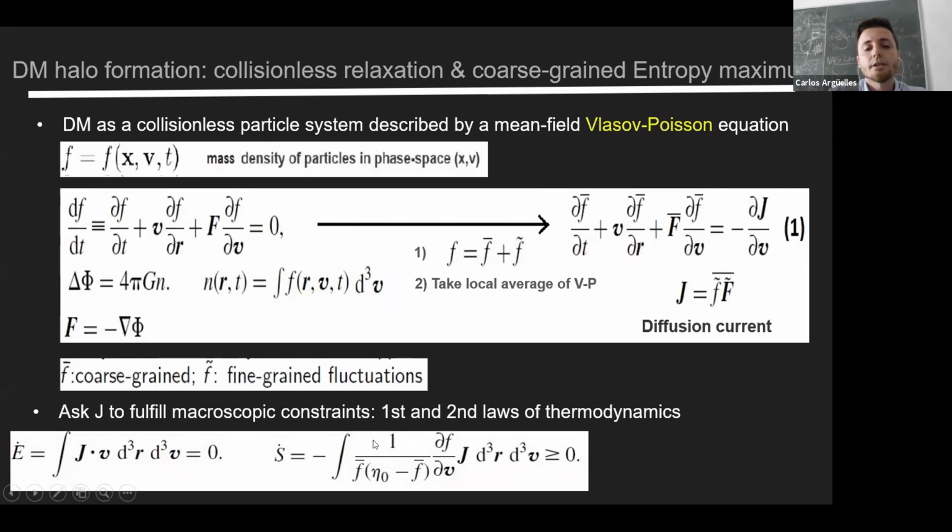This is a form of Lynden-Bell entropy, which when maximized tells you about the relaxation of the system. And this is a maximum entropy principle, which was shown in the original work of Chavanis in 1998.